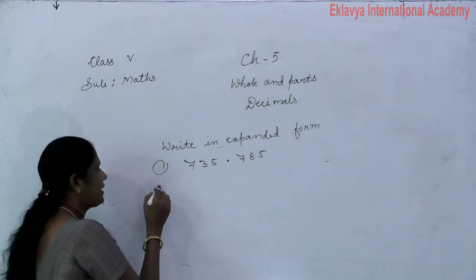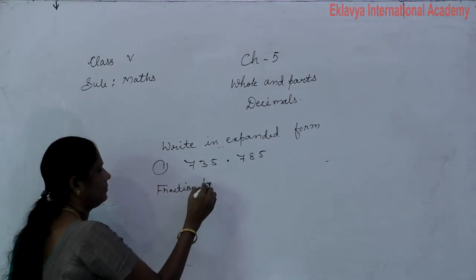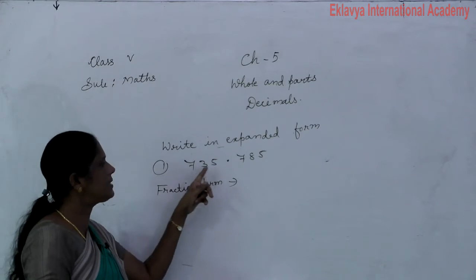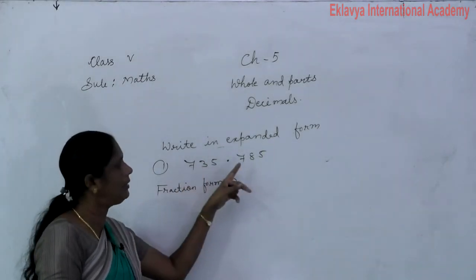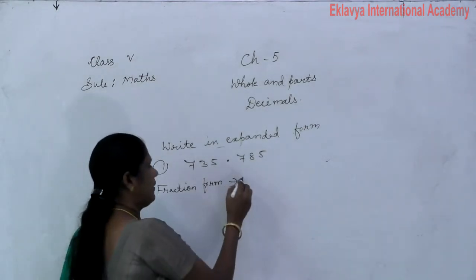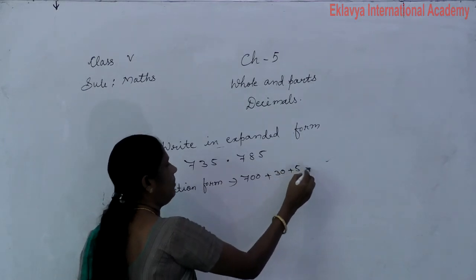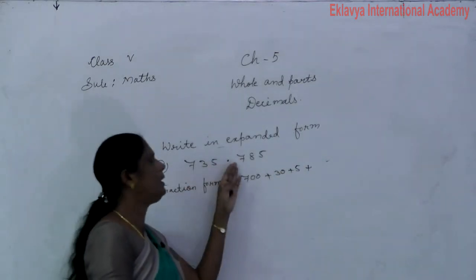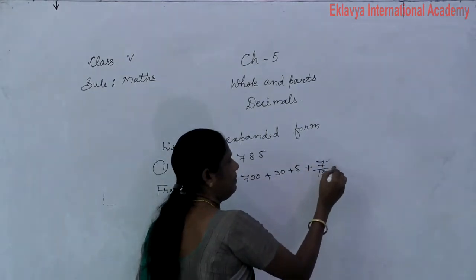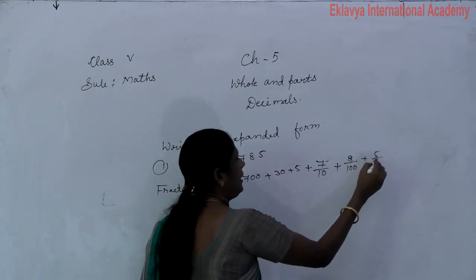First the fraction form. Here first ones, tens, hundred. Here tenth, hundredth, thousandth. Now 700 plus 30 plus 5 plus. Now we start the decimal part. Which place is 7 sitting in? 7 by 10 plus 8 by 100 plus 5 by 1000.